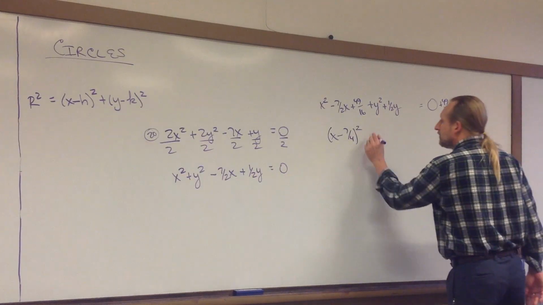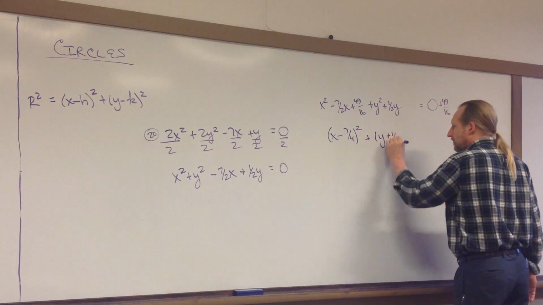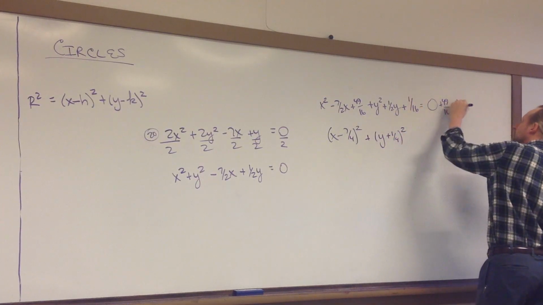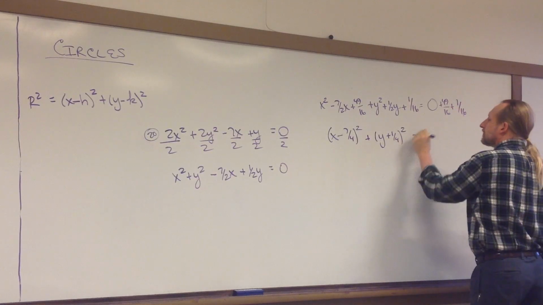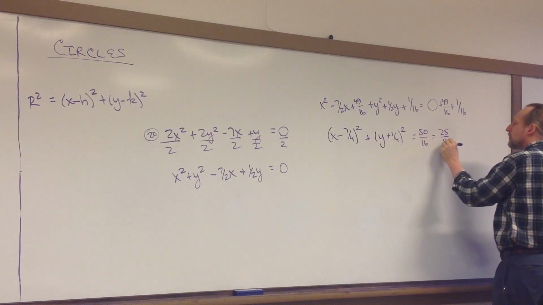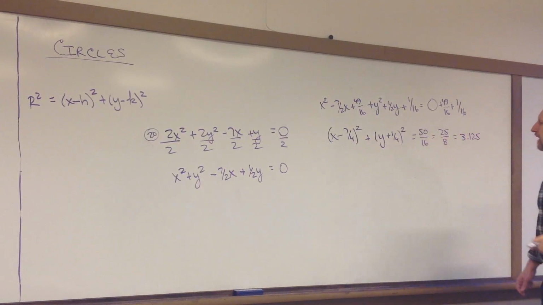All right, here, cut that 1/2 in half. That'll be 1/4. Square it to complete the square, and we get 50 over 16, which is 25 over 8, or 3.125.